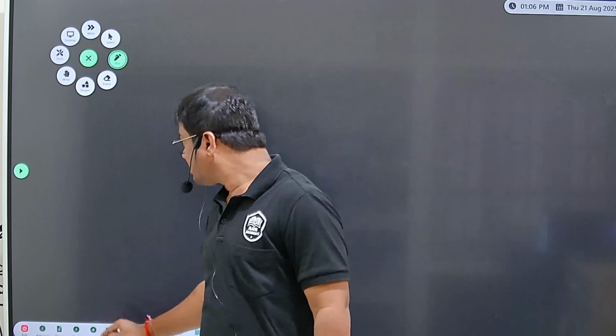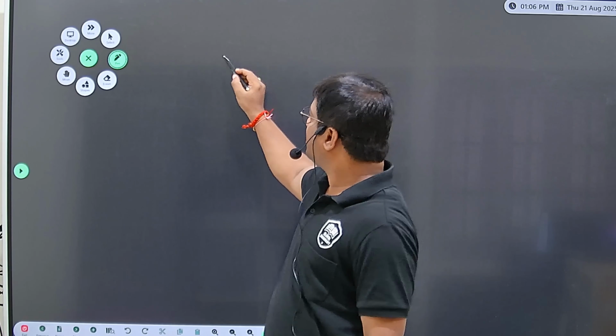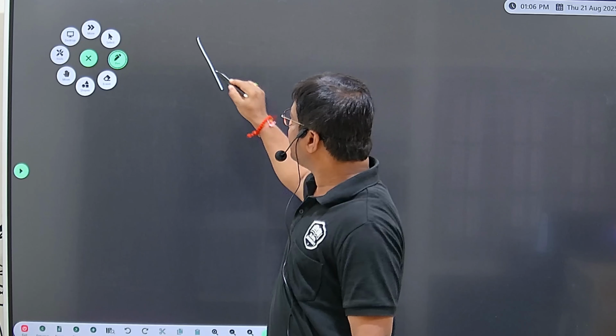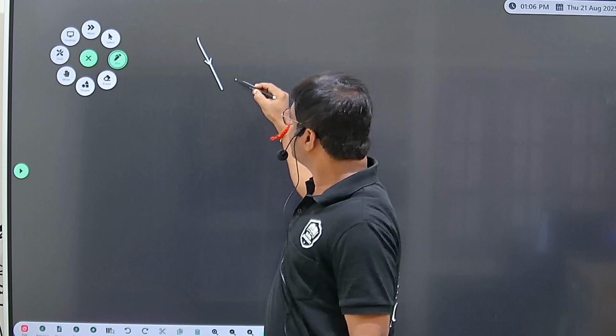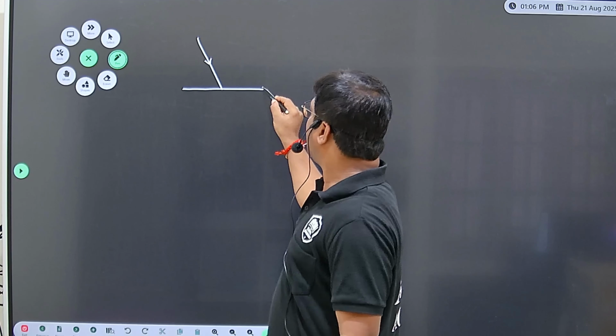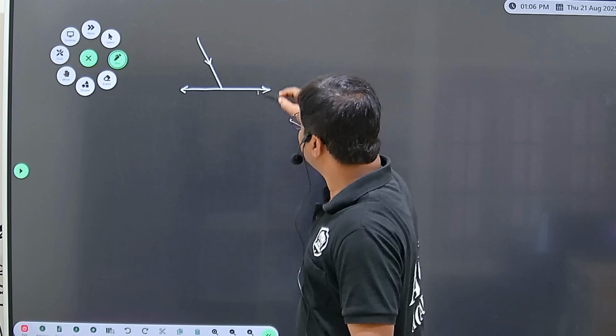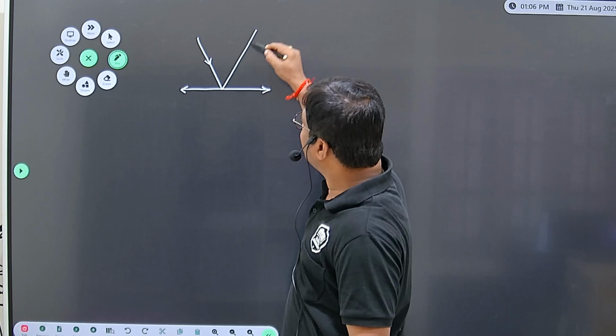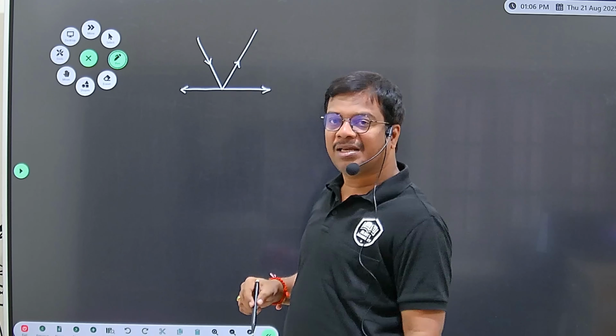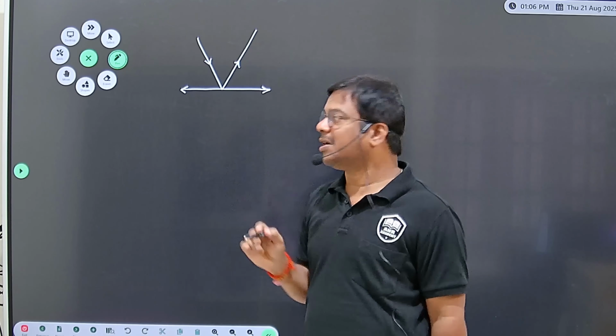Let us see. Suppose there is an incident ray and a mirror line given, then to find the reflected ray you can use the same concept. Why?